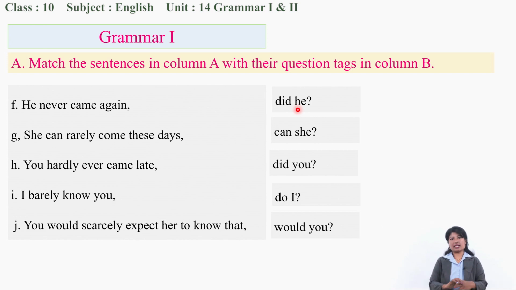The do form. Yes, did he. Came is the past form of come. That's why did is used here. Similarly, we use these tag questions according to the verb. Okay, got it everybody? Let's continue our matching.